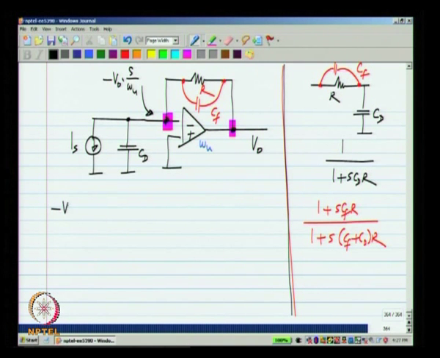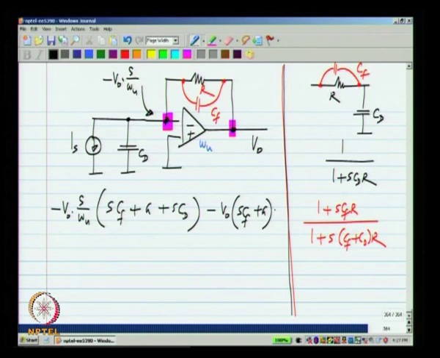So, I know that minus V naught S by omega u times (S CF plus G plus S CD), where G is the reciprocal of this resistance R, minus V naught (S CF plus G) has to be equal to IS. Minus IS in this case.